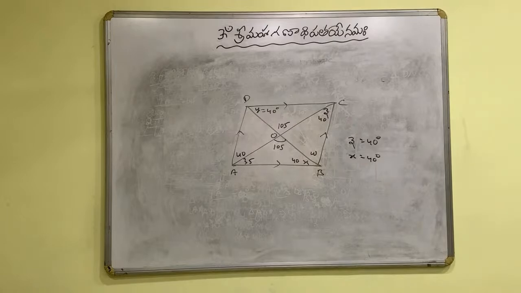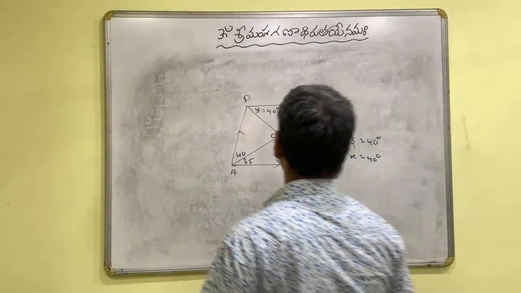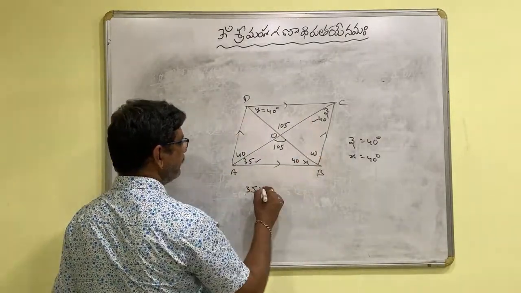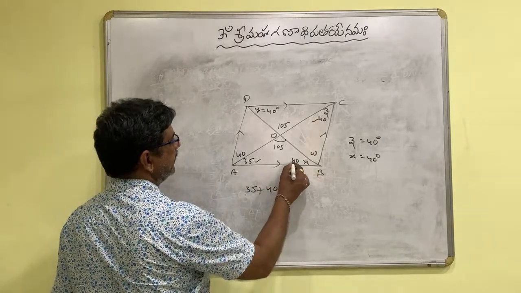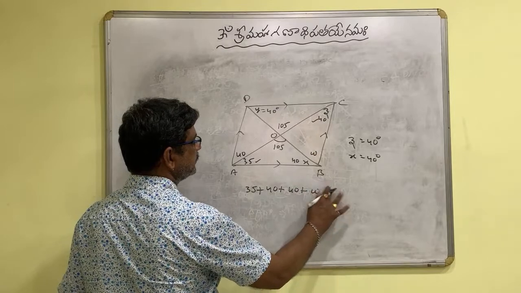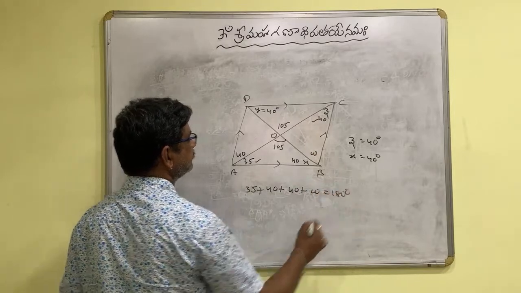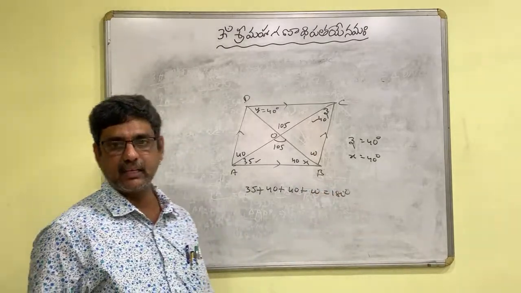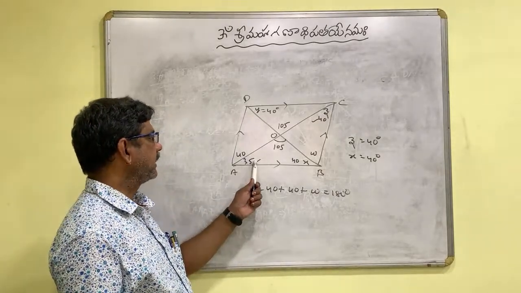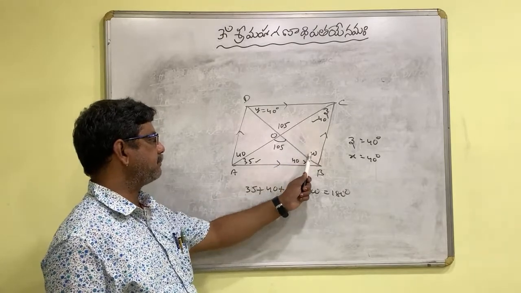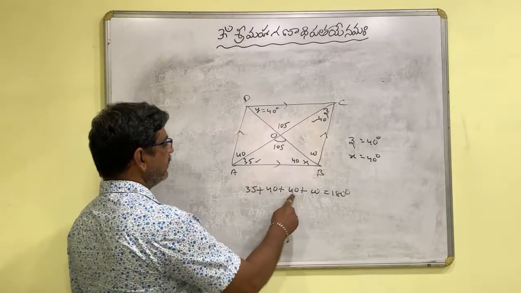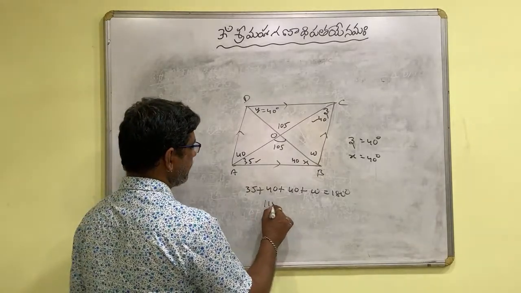This angle is 35, this is 40, and this one 40 plus W is equal to 180, by the sum of interior angles of a triangle. 35 plus 40 plus 40 plus W is 180. 40, 40, 80, plus 35 is 115.